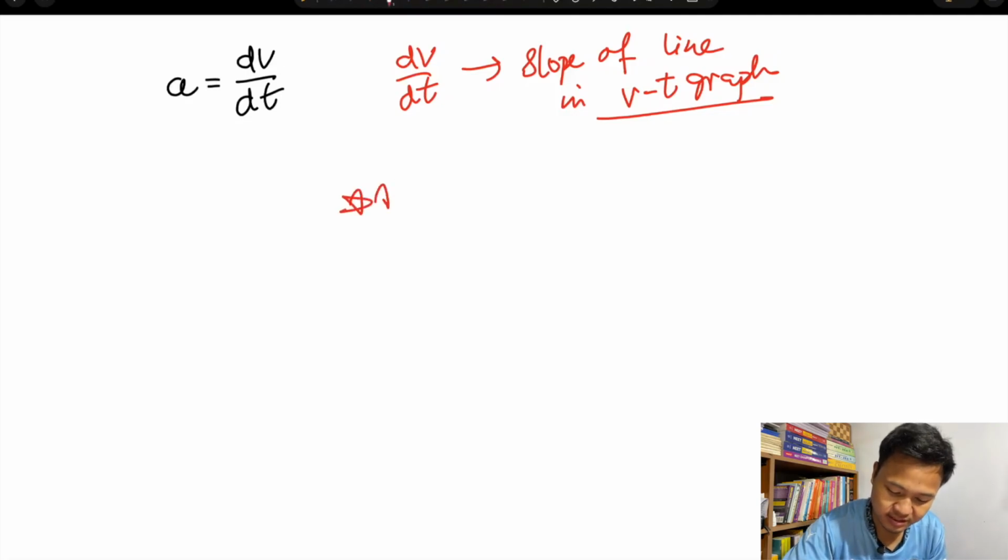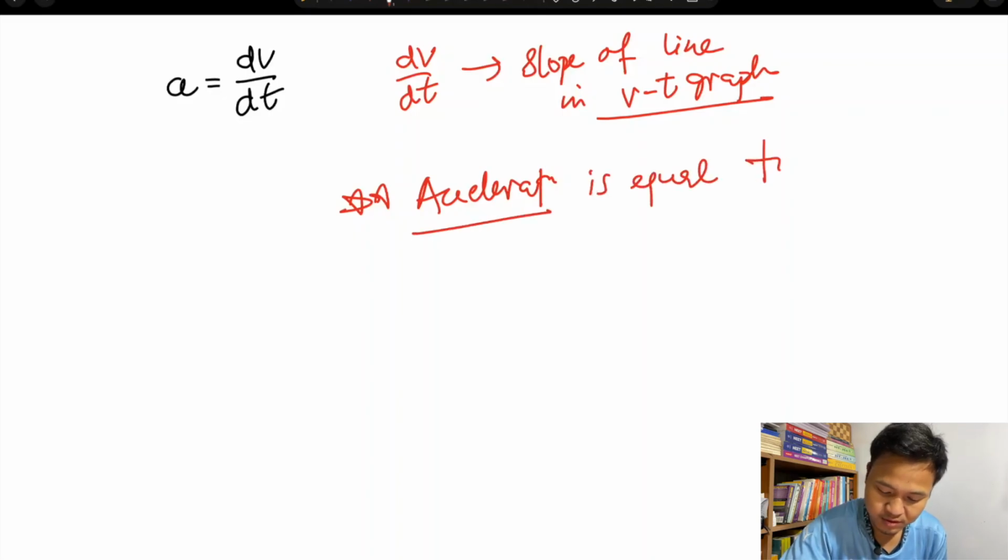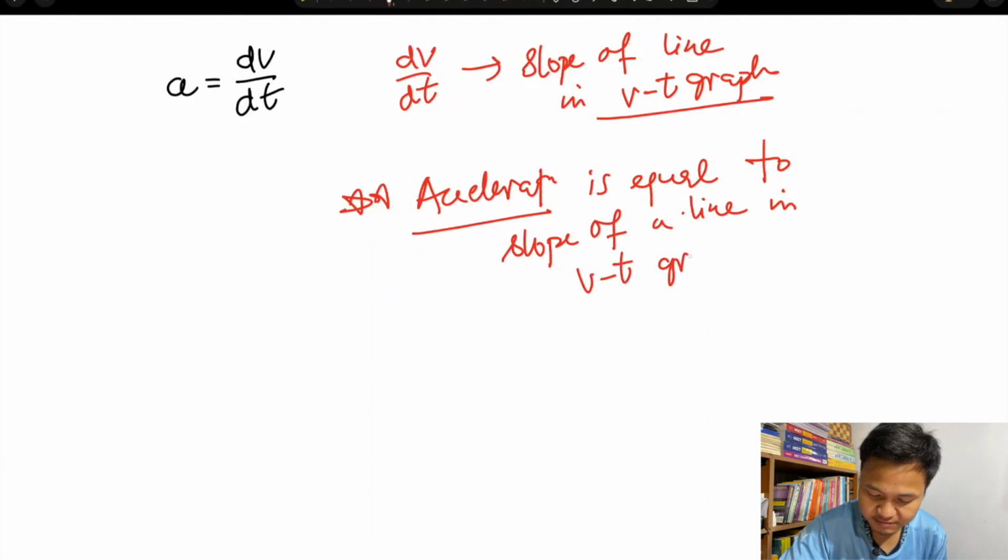Similarly, I can say that acceleration is equal to the slope of a line in a vt graph.